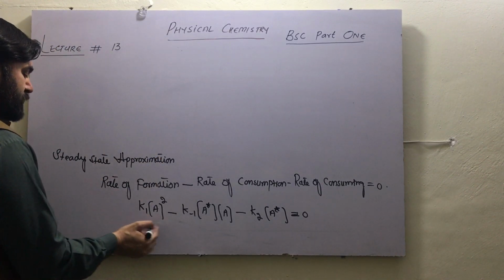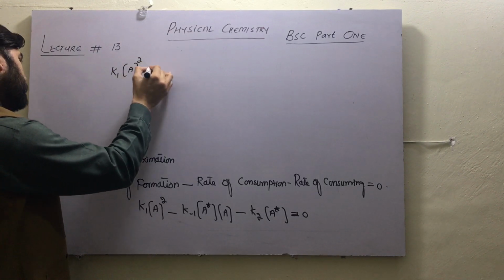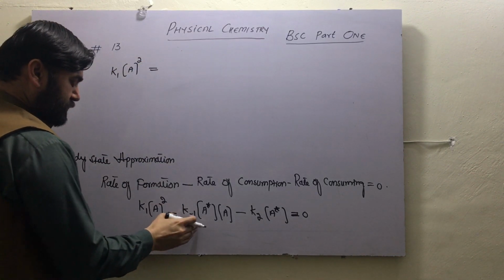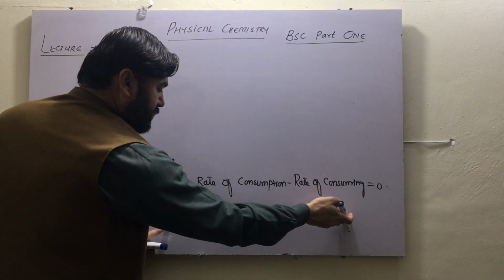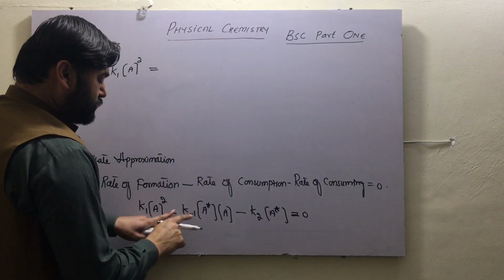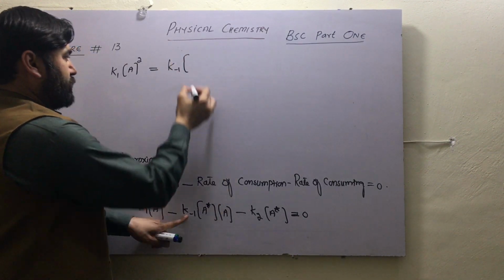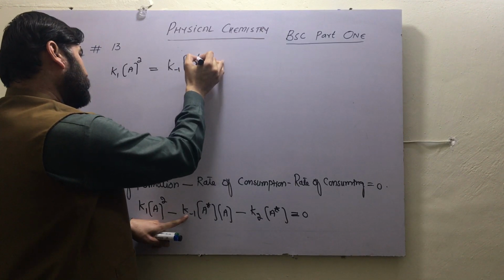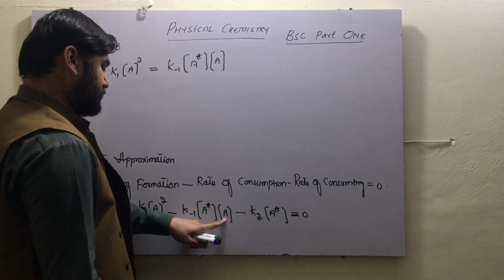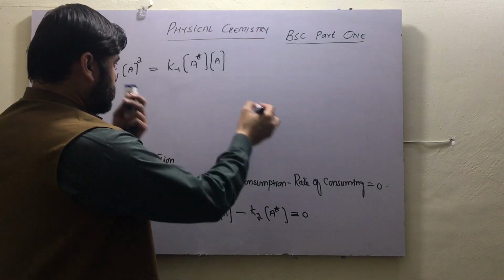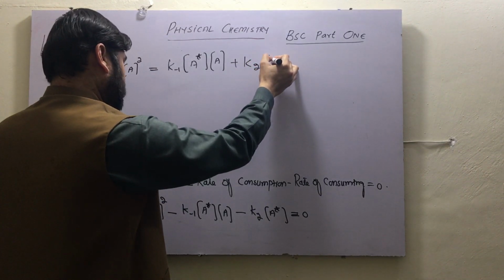So k1 A square is equal to, now when we take this portion over there, this sign will become positive: k minus 1 A star A, and this minus will go there to form plus k2 A star.